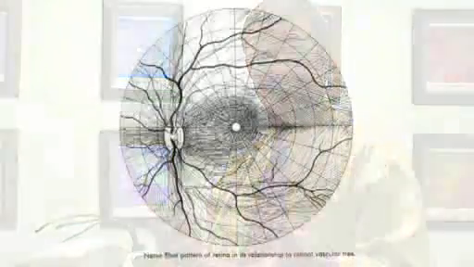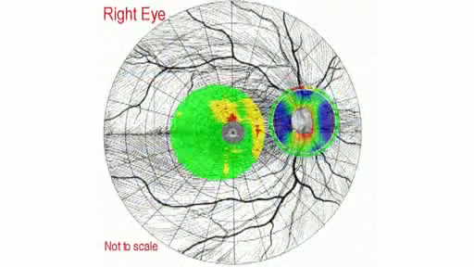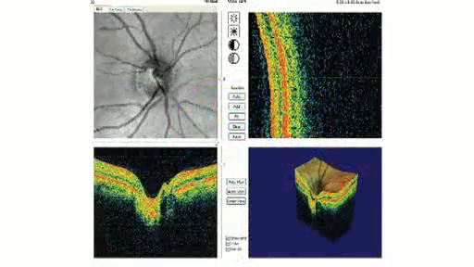The OCT is also used to evaluate the optic nerve and the diseases and conditions that are associated with the optic nerve. The optic nerve can be elevated or depressed. It can be healthy, it can not be healthy. We look at the optic nerve constantly to evaluate and think about glaucoma and changes that happen to the optic nerve.